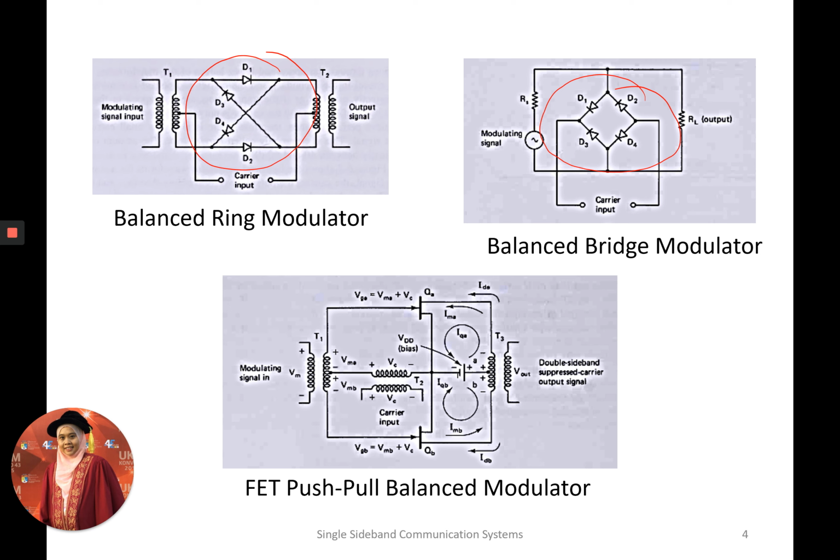Okay, I think this slide I didn't provide in my lecture notes, so you may refer to this and see if you can use it in designing your own transmitter based on single sideband system.